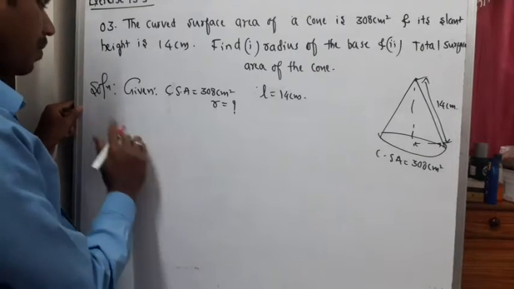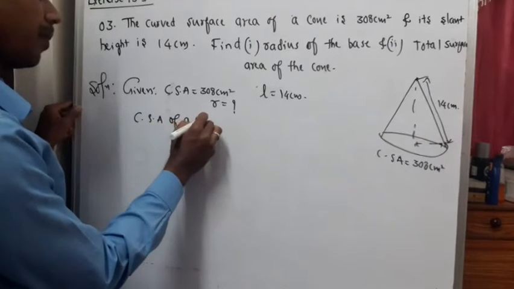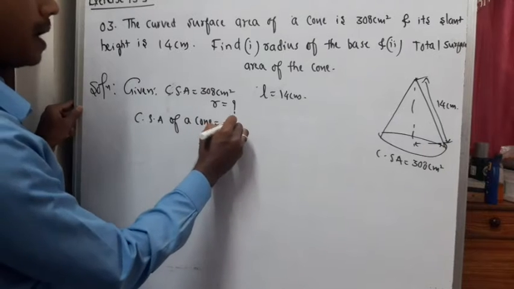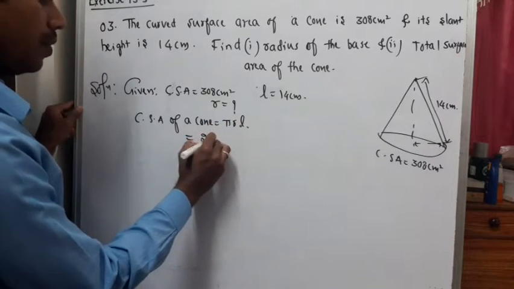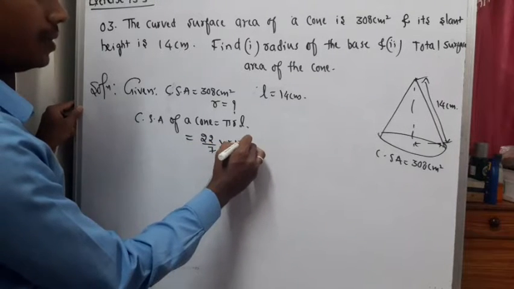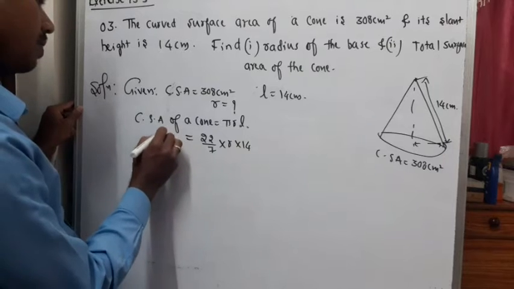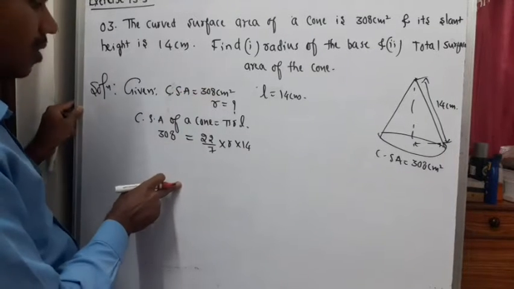So first, curved surface area of a cone is equal to what? Pi RL, which is equal to 22 by 7 into R into L, which is 14, and this is equal to 308. Curved surface area of a cone is given to us, that is 308.